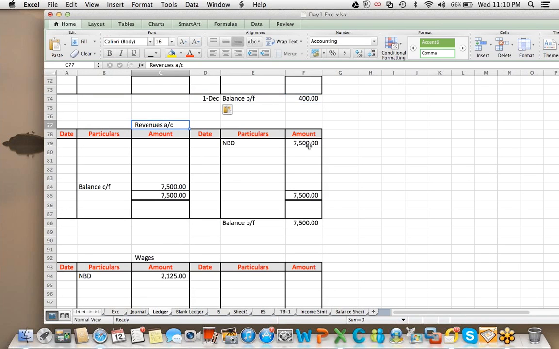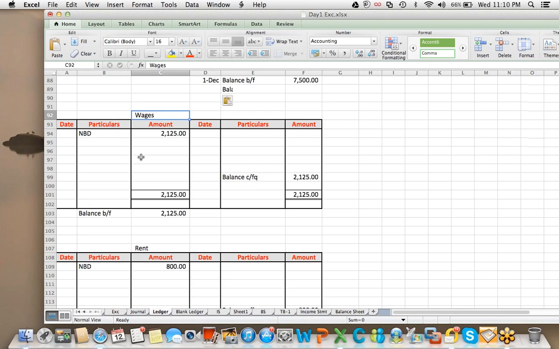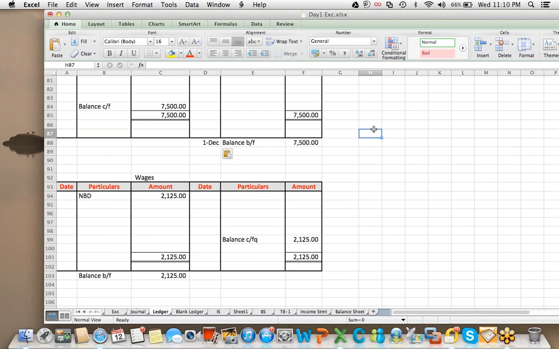Revenues: I collected a revenue of 7,500, closed it, and it is transferred to next month as the opening balance. Wages as well. One more thing, Anish. What did we discuss about the nominal account rule? Rule in nominal account, please. All expenses and losses to be debited, and credit incomes and all gains.